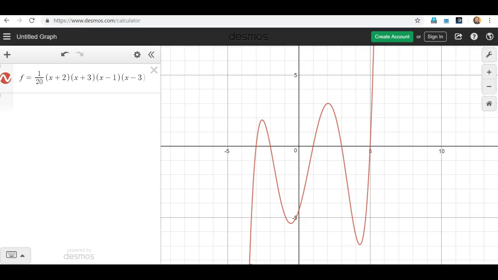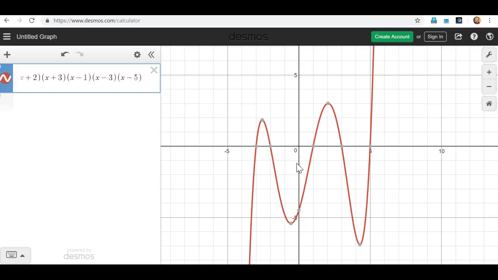This graph is increasing from -infinity, and if you click here, it'll tell you it's increasing until I get to -2.572, and then it decreases until it gets to -0.558, and then it increases again until it gets to 2.053, decreases to here, and then increases back up.